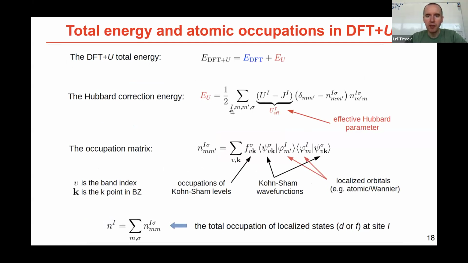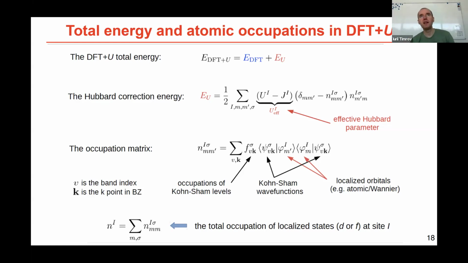So what is I? Capital I labels atoms. Basically, it enumerates atoms. Sigma is spin, which can be up or down. And M and M prime are the so-called magnetic quantum numbers. They label Hubbard states.